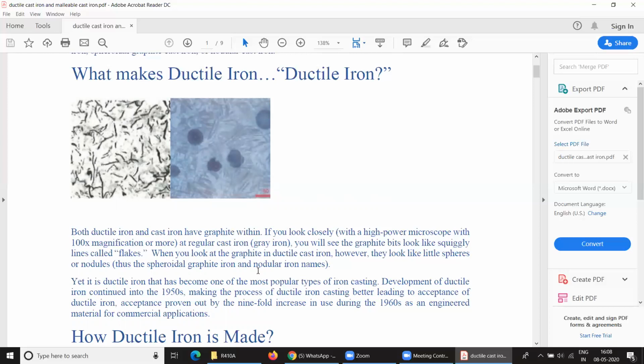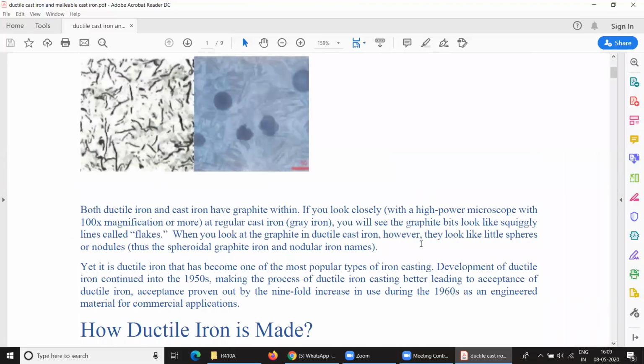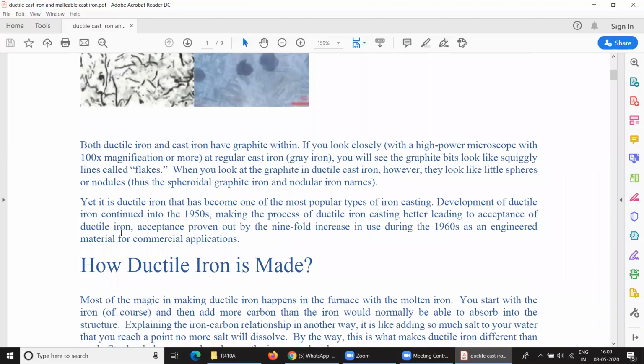When you look at the graphite in ductile cast iron or SG cast iron, they look like spheres or nodules. Here you can see the spheres or nodules. So this is why it is so different. And yet it is ductile iron.